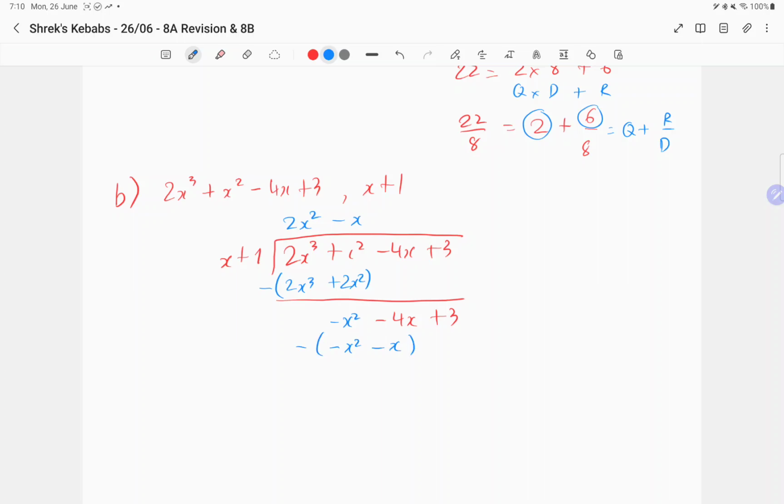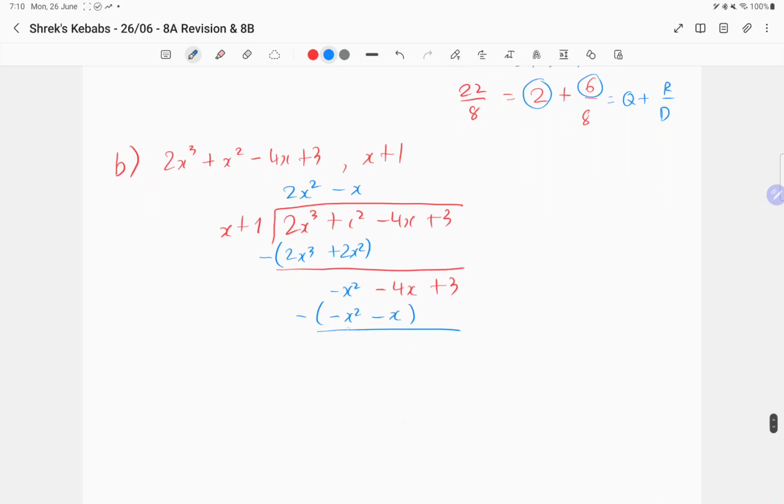Same steps, guys. So subtraction: minus x, that will be 0, and then negative 4x. So at this point here, it will be negative 4x. Subtract negative x, which is the same as negative 4x plus x, which is negative 3x. So then this one would be negative 3x plus 3.